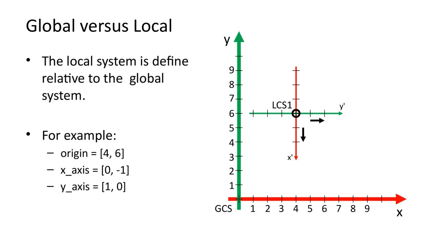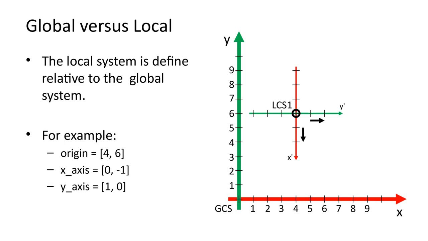The local coordinate system is defined relative to the global system. For defining a local coordinate system, at least one point and two vectors are required. The point defines the origin. The two vectors define two axes. The third axis is not required, since it can be derived from the other two.